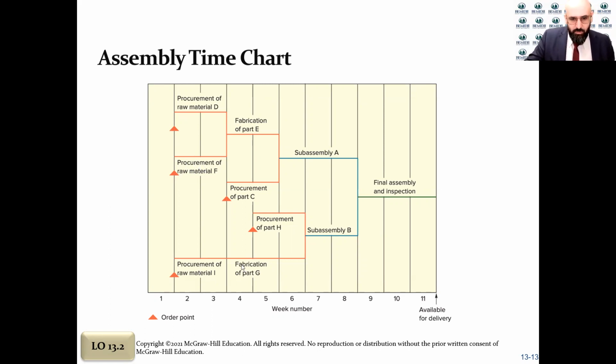And then moving into the fabrication stage, which will show you also how long it will take. Again, 2 weeks here for fabrication of part E, 2 weeks of purchasing. Actually, we still have to purchase material C here, and so on. So again, this is just a way to demonstrate the assembly time and how long it will take you in order to meet the demand.